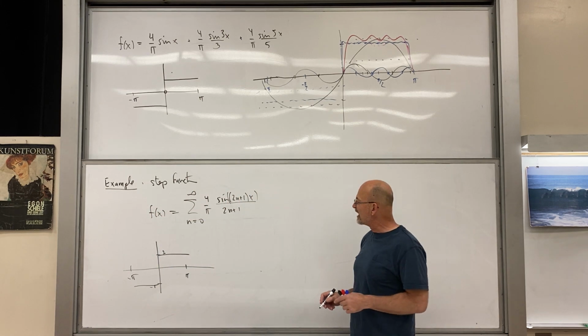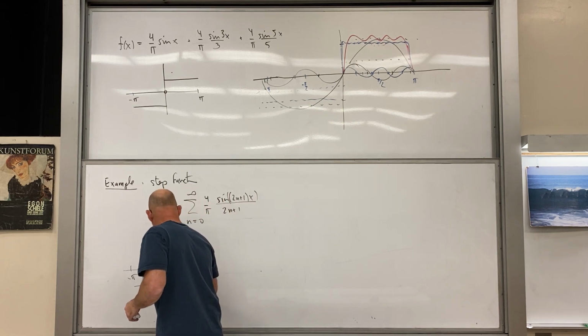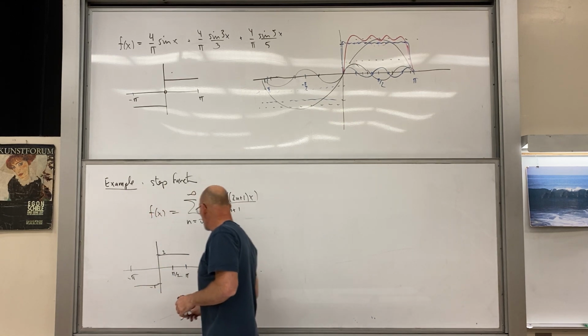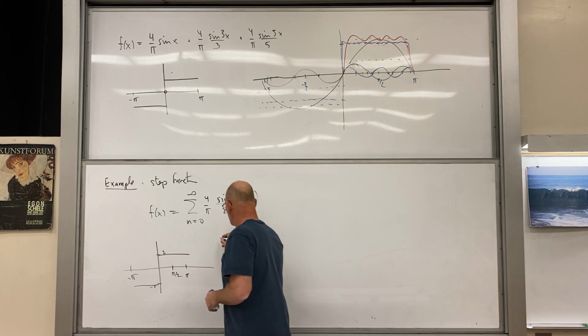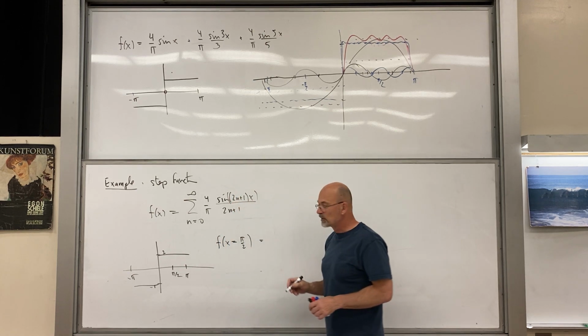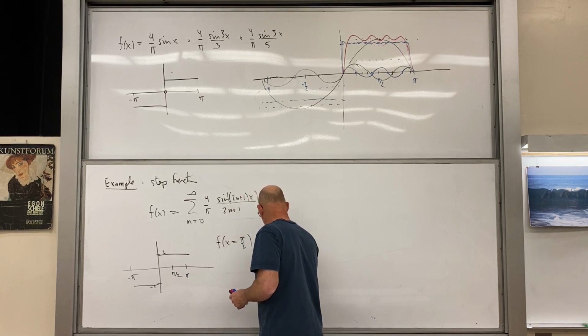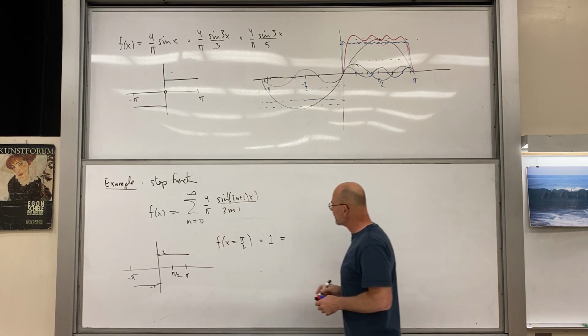What about its value at pi over 2? F of x at x equals pi over 2 is, of course, just equal to 1, right in the middle there. That's a safe bet.